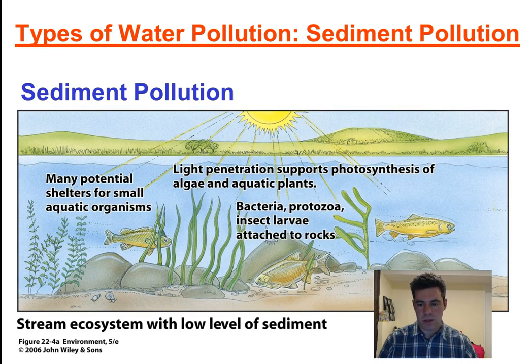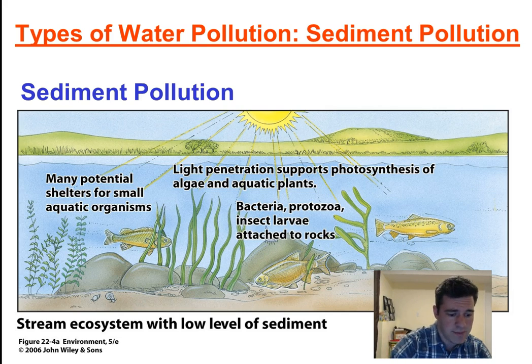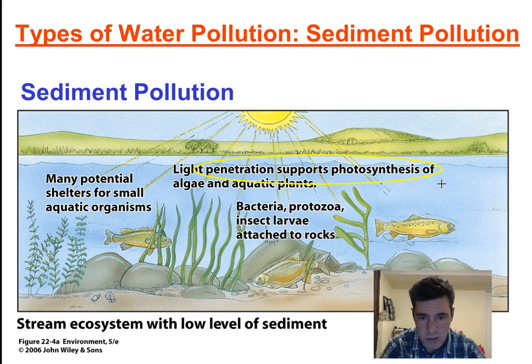So here's your waterway that's clean. It's got the normal turbidity, which means the amount of sediment that's suspended within the water. So in this situation, you're going to see light penetration. That's totally fine, normal.